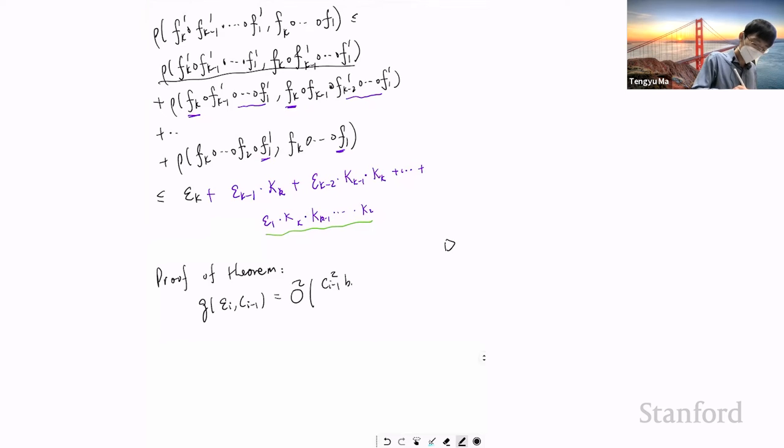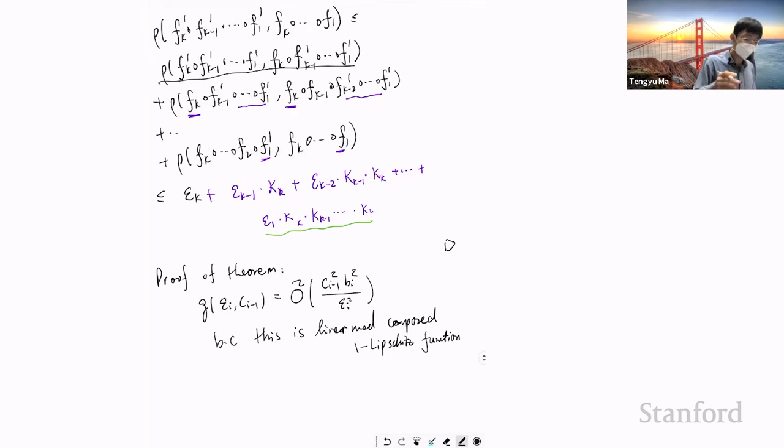O tilde of c m-1 squared b i squared over epsilon i squared, because this is a linear model composed with a one-Lipschitz function.